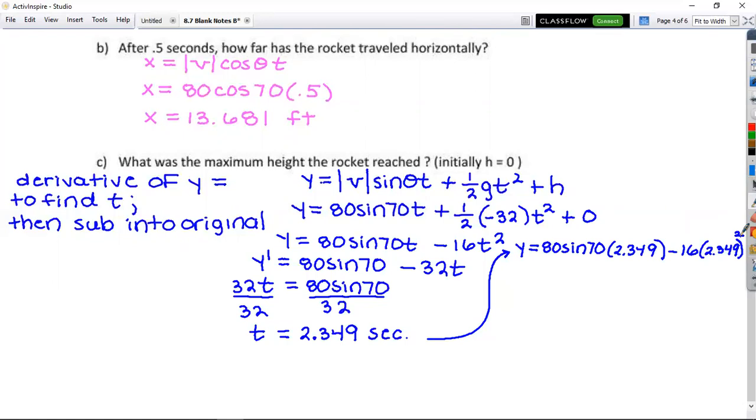So this is going to represent your answer, which is the maximum height that this occurs at. So 2.349 and minus 16 times 2.349 squared. All right, I got an answer equivalent to y is equal to, you guys get like 88. So somewhere in the ballpark of 88.302. And this would be expressed in feet.